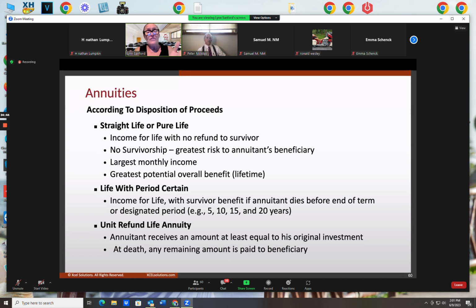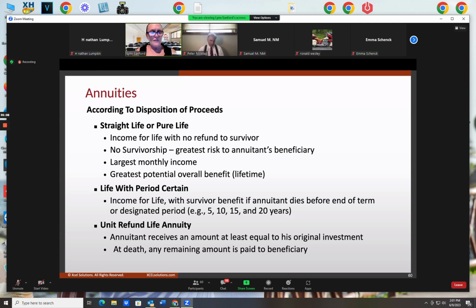If they had lived the whole 10 years, they get the money. But they died in year 5. So now we satisfied the life payout over their lifetime. Now we got to satisfy the 10-year certain component and pay the remaining balance in the account plus interest to the beneficiary for the remaining 5 years, to satisfy the 10-year certain component of a life with 10-year certain payout.